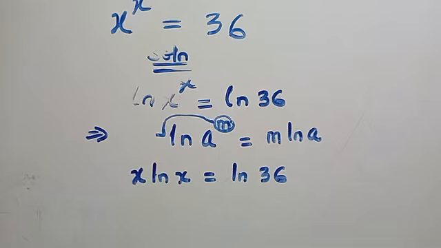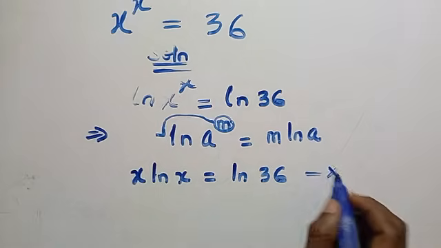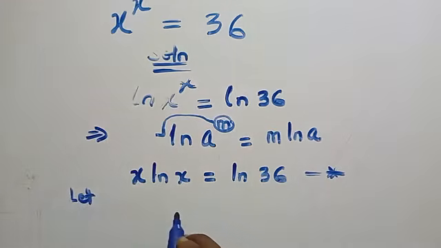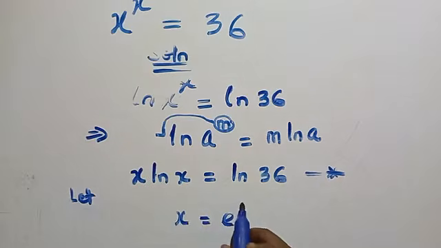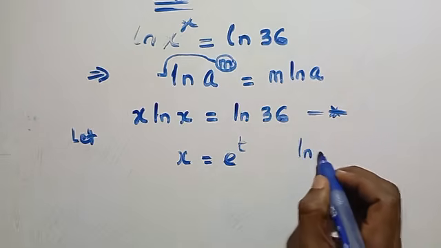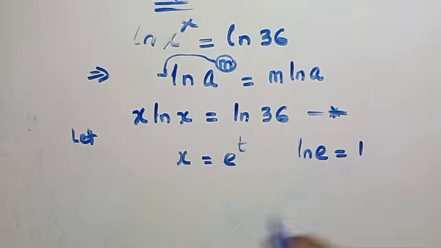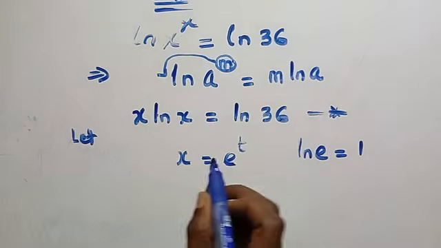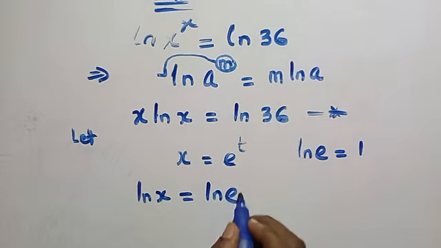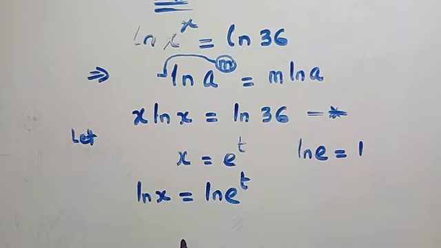And with this, let's say I let x be equal to exponential of t, for instance. Anytime we have ln and exponential, this always equals 1. Then introducing ln to this, we have ln x equals ln of exponential t.